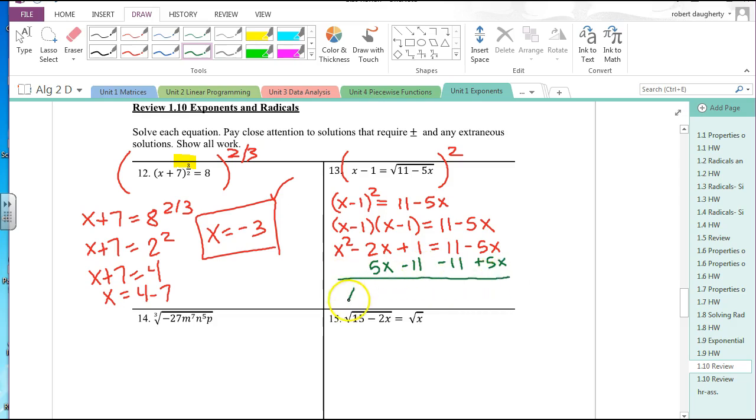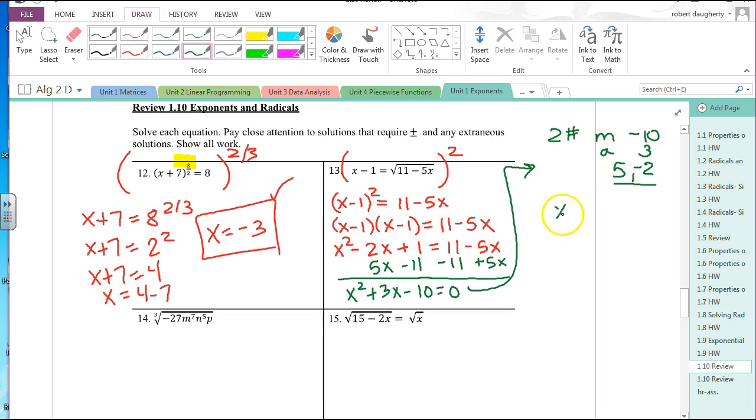When I do that, I get x squared plus 3x minus 10 equals 0. I'm hoping that that will factor. It will factor if I can find two numbers that multiply to give me a -10 and add to give me a 3. Those numbers are going to be 5 and -2.